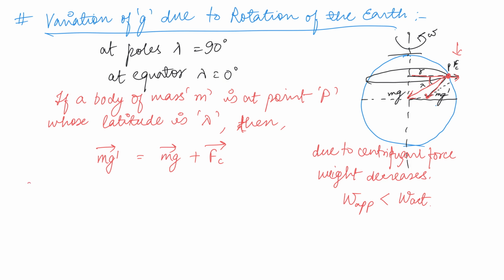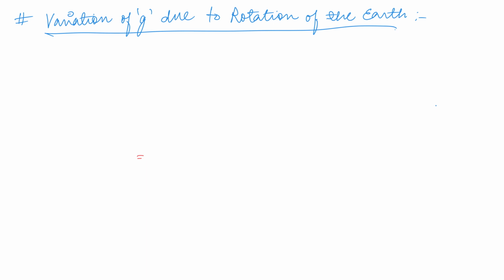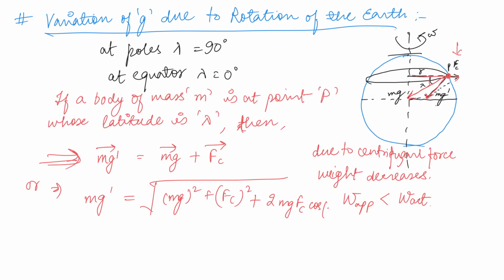Or, since this is written in vector form, if we write this in magnitude form, then this will be the square root of mg squared plus centrifugal force squared plus 2 times mg Fc and the angle between them, so cos (180 degrees minus lambda).